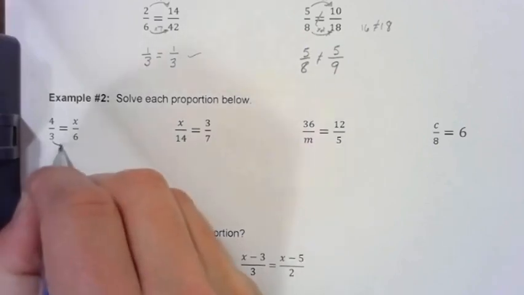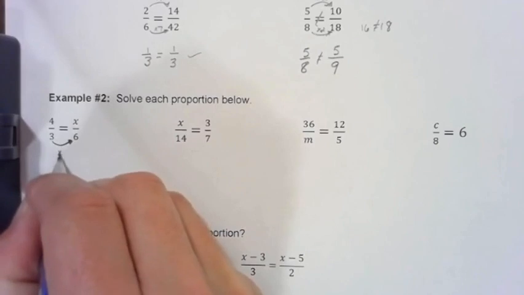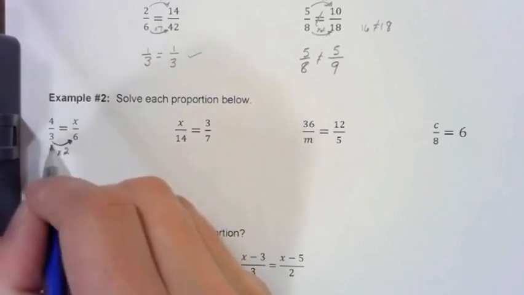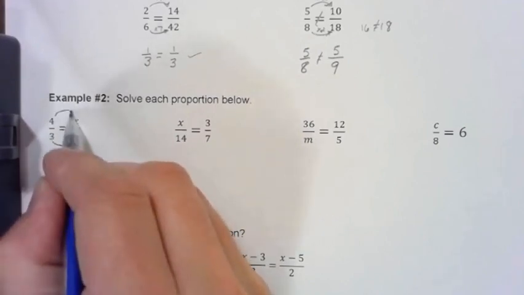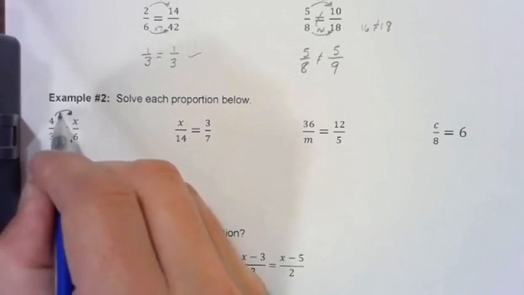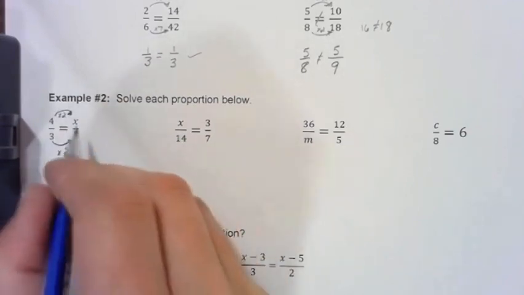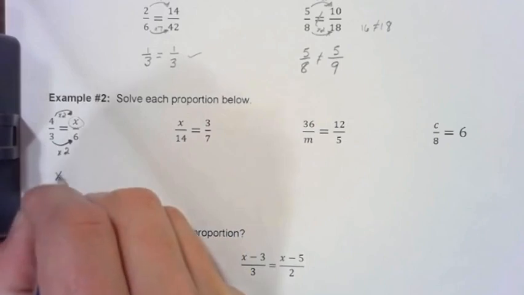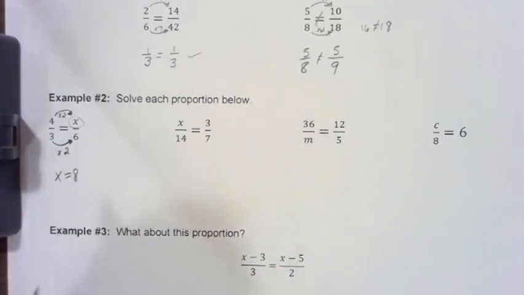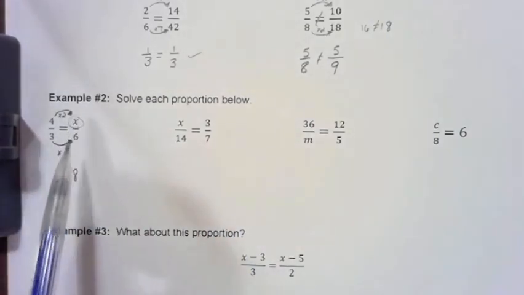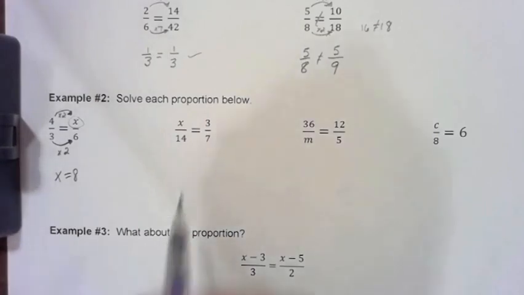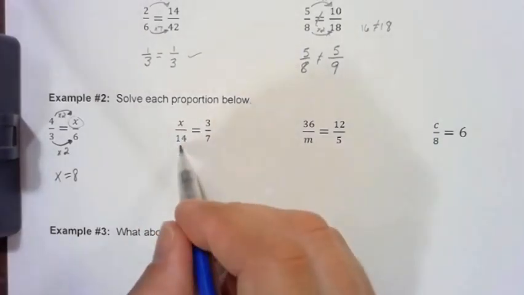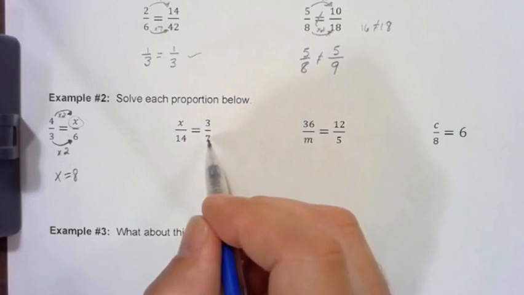To go from a 3 to a 6, I would have to multiply by 2. If I do that in the denominator, then I need to do the same thing in the numerator. 4 times 2 means that x must be equal to 8. 4/3 equals 8/6.